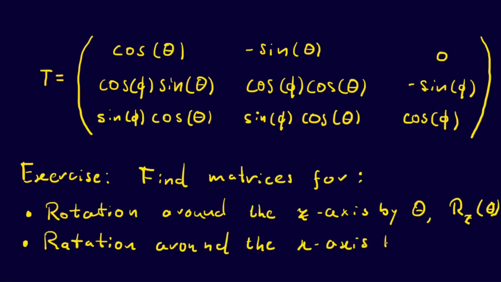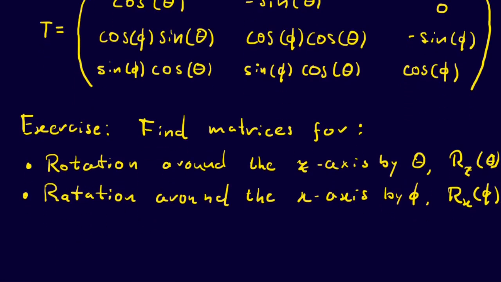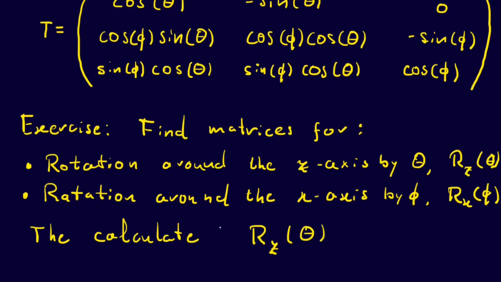So basically, those are the two transformations that we used to make our transformation T. So you should calculate both of those and then calculate their product. Calculate the product of these two matrices, and you should write the rotation around the x-axis on the left and the rotation around the z-axis on the right.